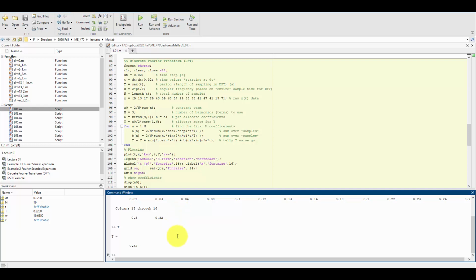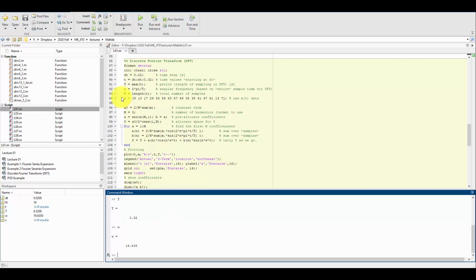Then we can determine that fundamental frequency w. So this is going to be a w of about 19.64 radians per second. Again, I'll point out that that fundamental frequency we can get smaller by sampling for longer. We'll see this in the PSD example that's forthcoming, but for this one, the data were sampled at that rate and there's nothing we can really do about it.